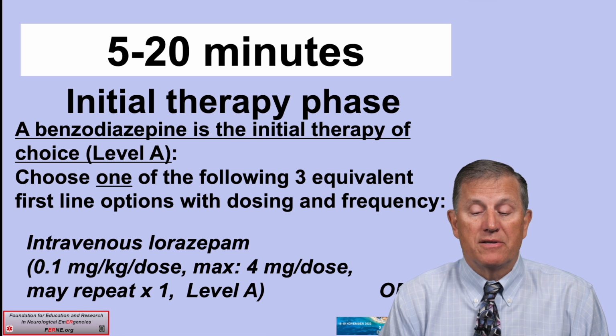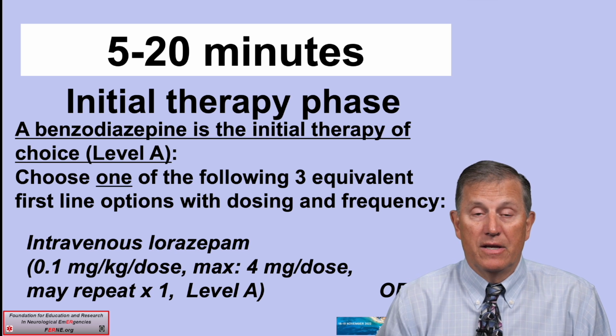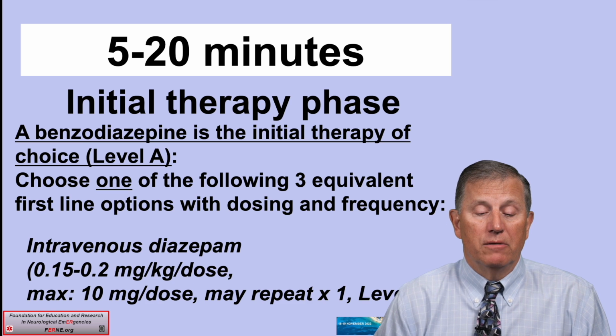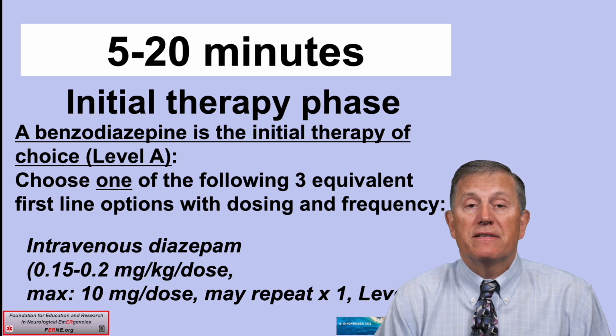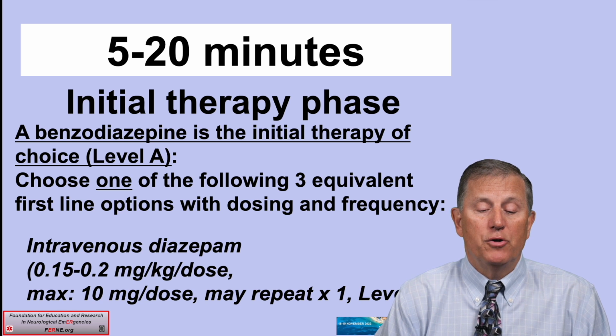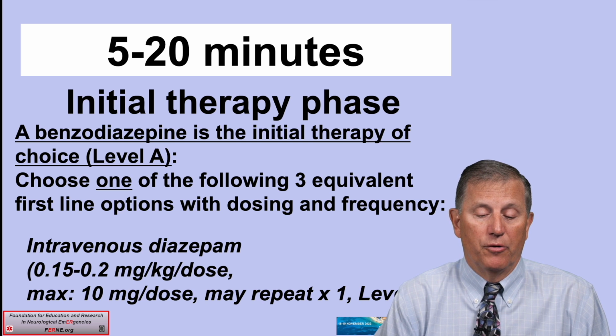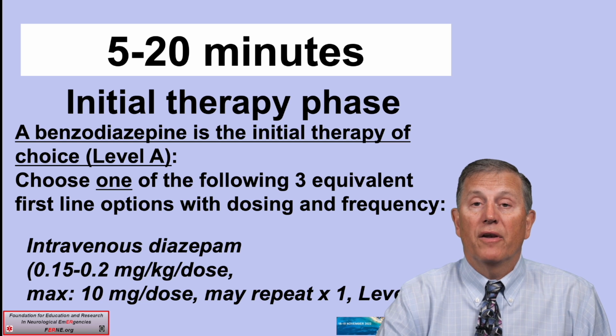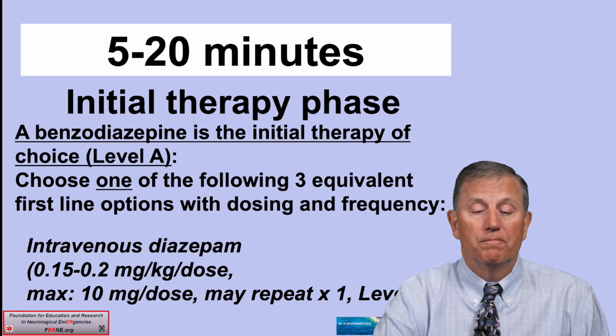There is level A support for this in this particular guideline. The third option is intravenous diazepam at a 0.15 to 0.2 milligram per kilo dose, a maximum of 10 milligrams per dose, suggesting that it could be repeated times 1 with level A support.